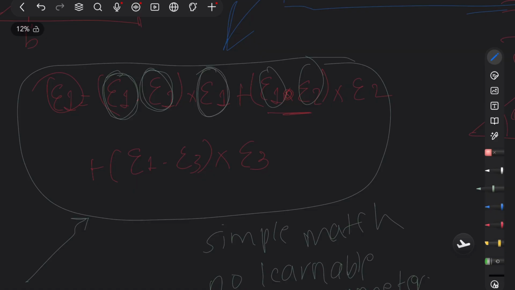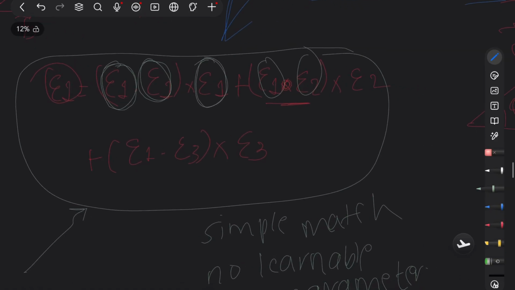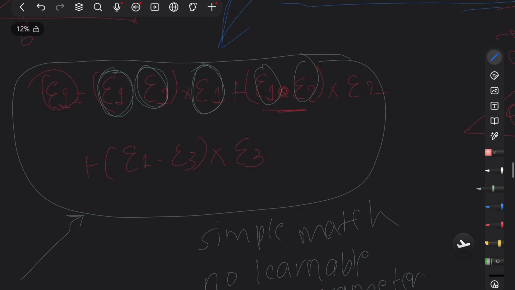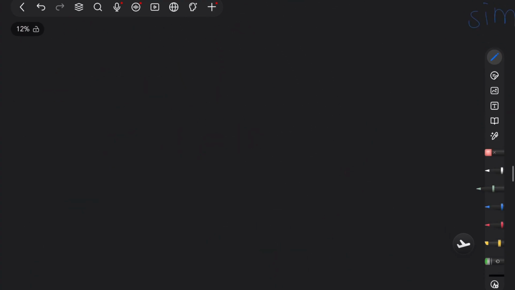A single embedding E1 is being used, the same value of E1 is being used here three times. But what if we could ensure that the same value is not used and a more optimized value is used here? So this was why we introduced query, key, and value.